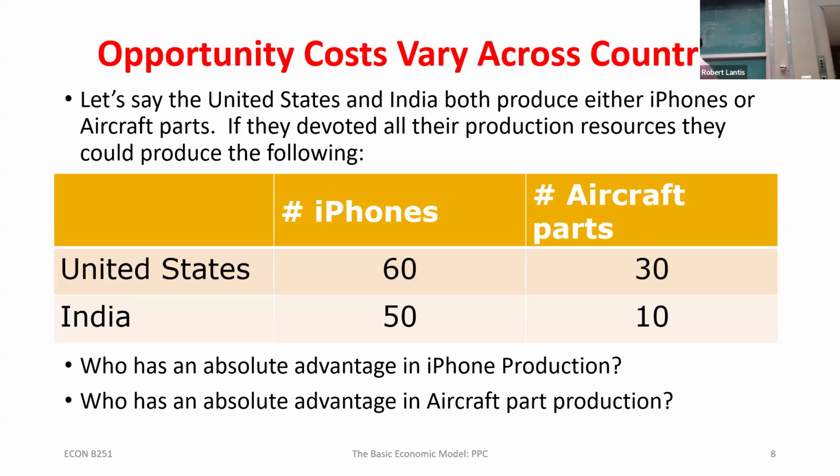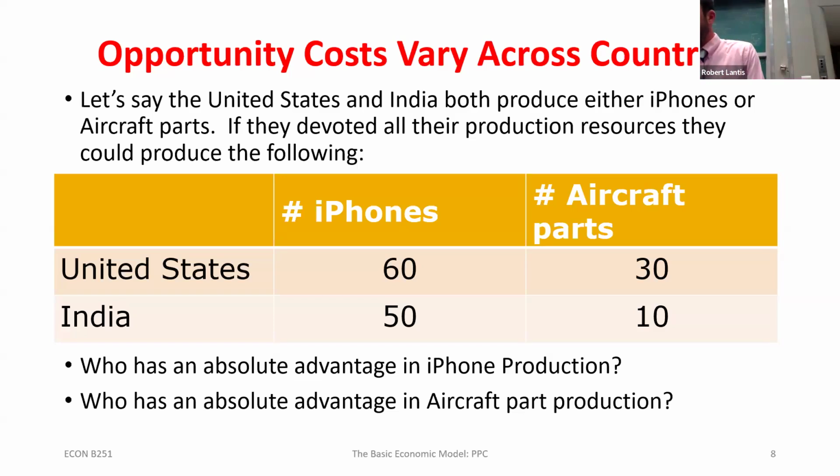Right, what I'm saying only works out for 2 and 2. The math is more complicated, but yes, if I have 3 goods, it could be that I have comparative advantage in production of 2 of the 3, but it would never be all 3, right? There will be one good in which the other person would have to have a comparative advantage. All right. Any other questions before we keep moving here?